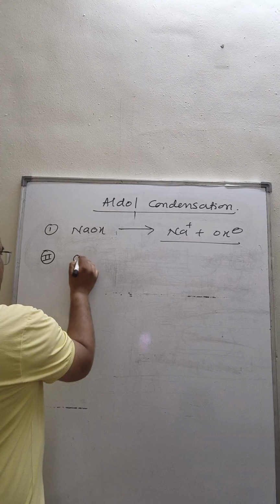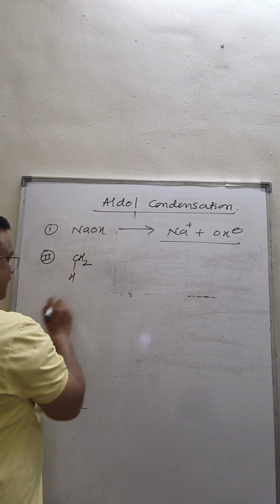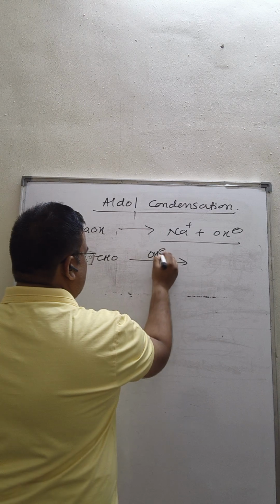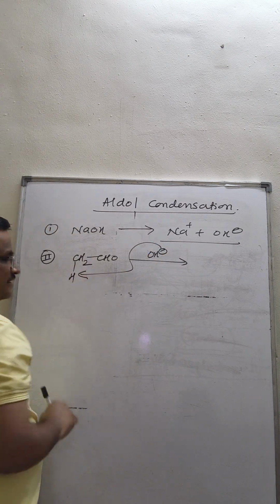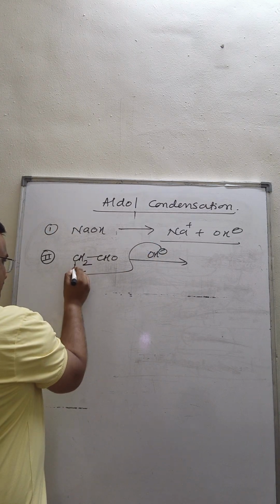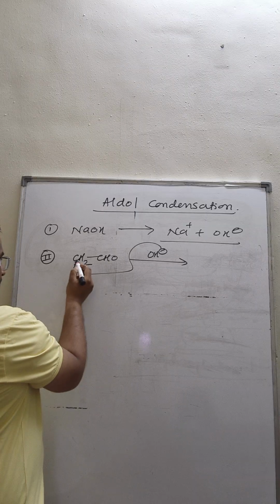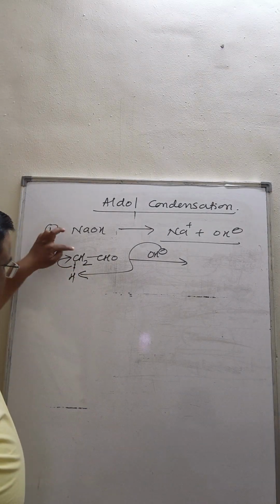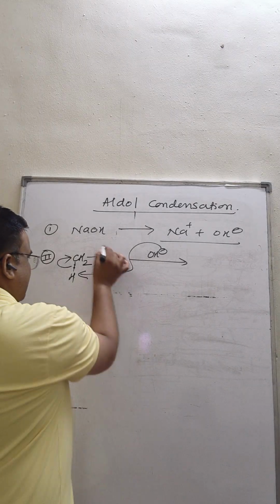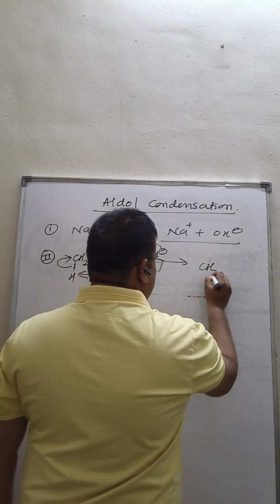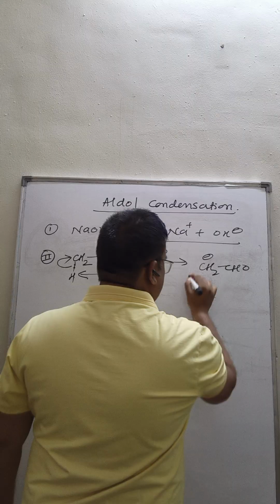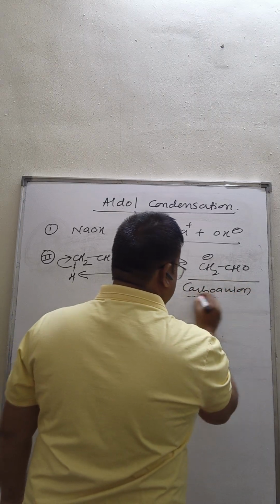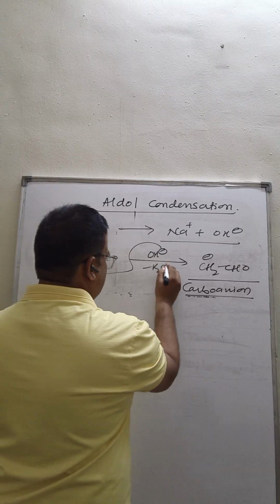Now we'll see, this is the alpha hydrogen atom of one of the acetaldehyde molecules, and this OH minus ion will abstract this hydrogen atom, and the two electrons of the sigma bond between the carbon and hydrogen get moved toward the alpha carbon atom, and this species gets converted into a carbanion. This is the carbanion, my dear friends.